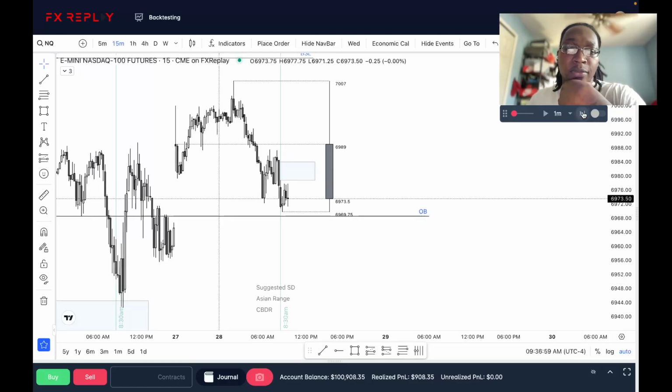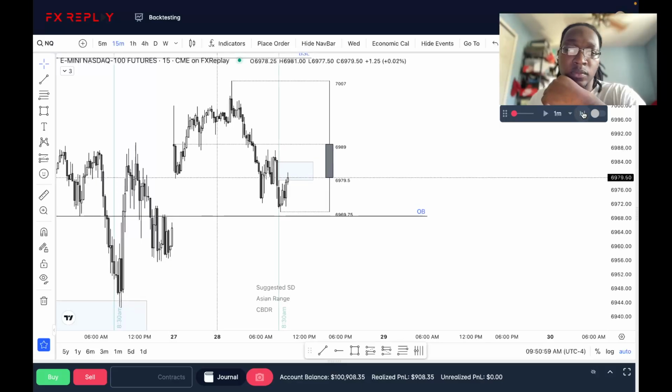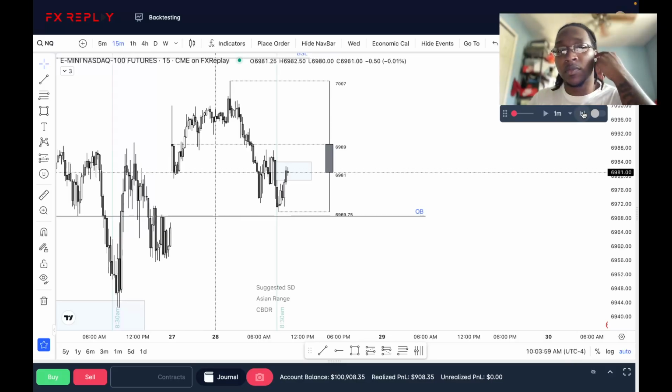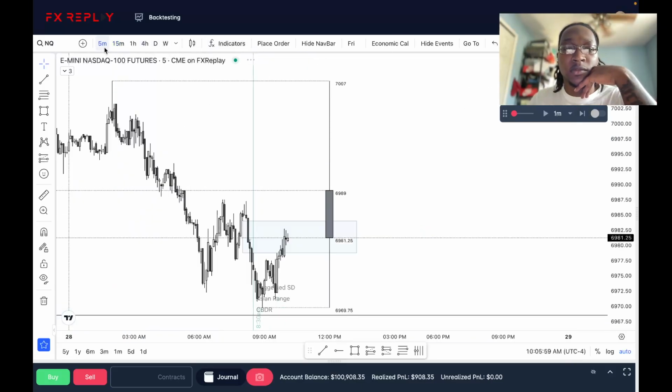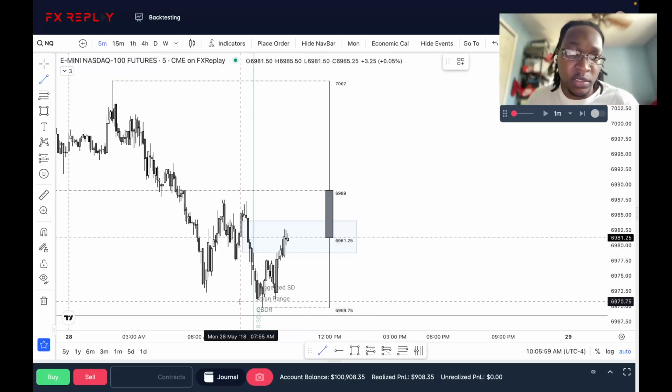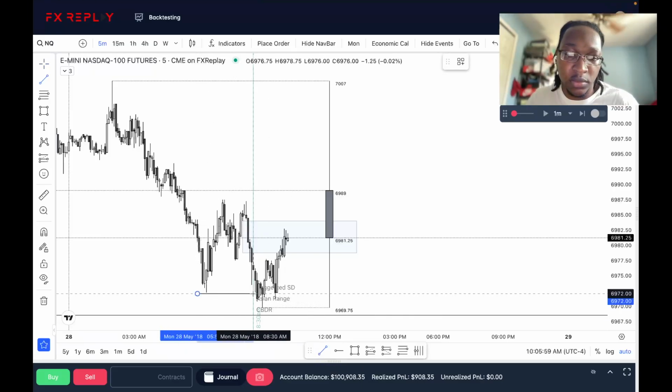930 opens. Tap into the fair value gap. Do we get a full fill? Yeah, this would be the area that I would need to see to start shifting things.